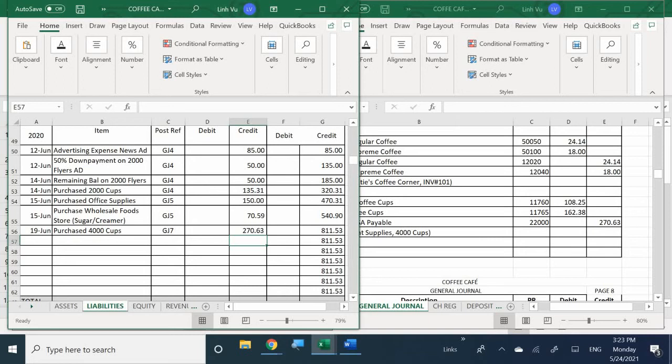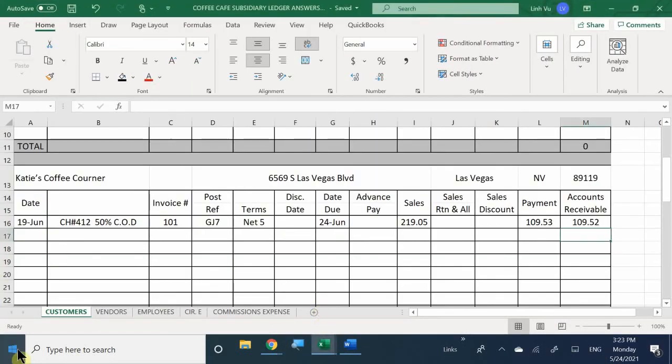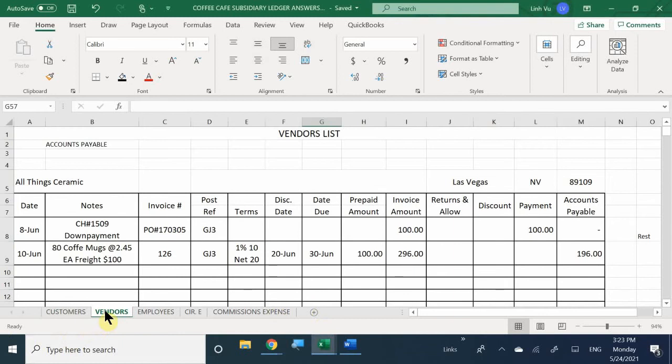Then subsidiary ledger, under vendors. Let's see where they are. Restaurant supply.